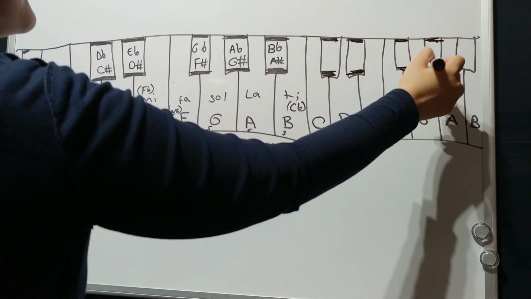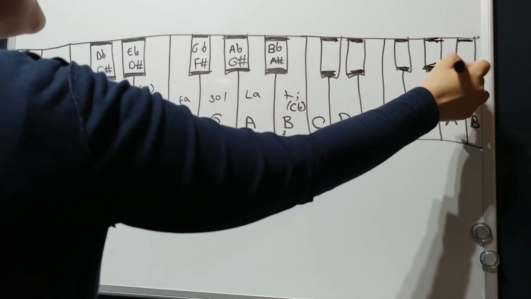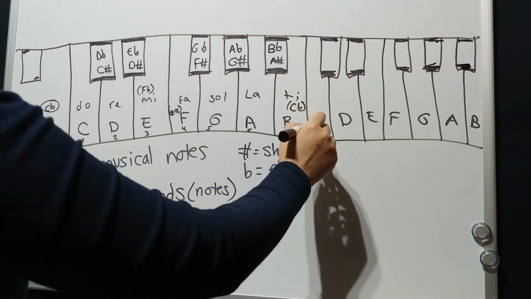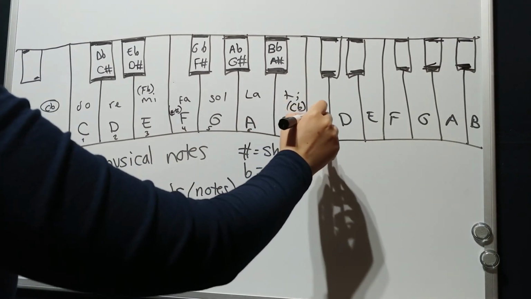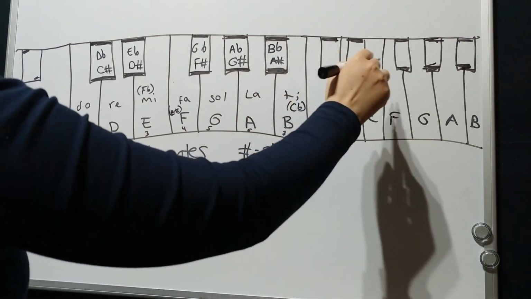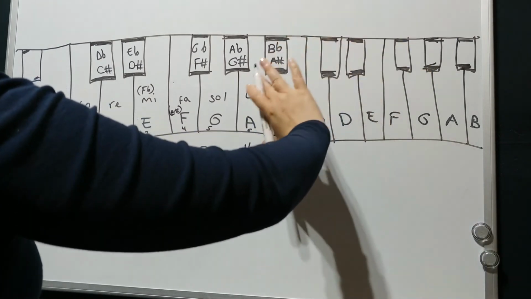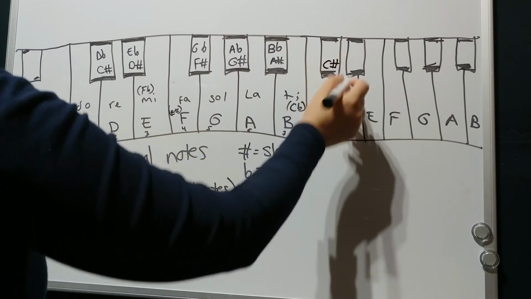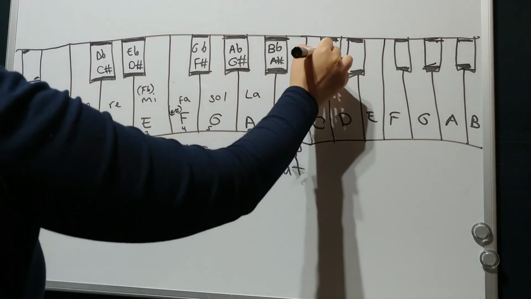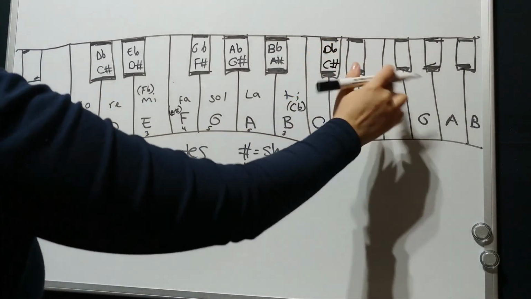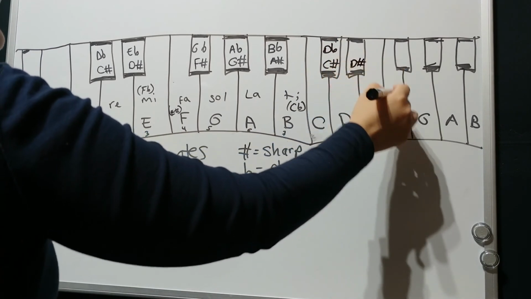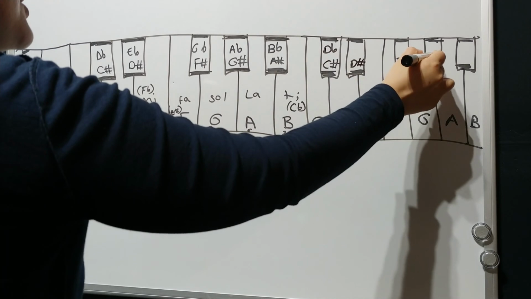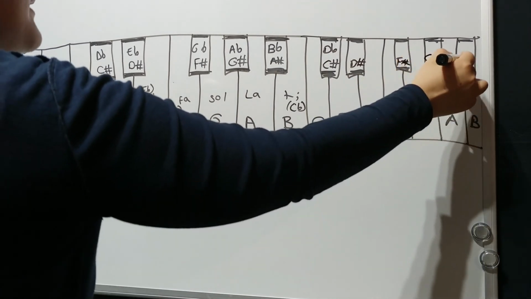So let's do the example over here. So C flat. If I try to go over there to the right, C sharp, but I can also call it D flat. If I go up, D sharp, E sharp, F sharp, G sharp, A sharp.